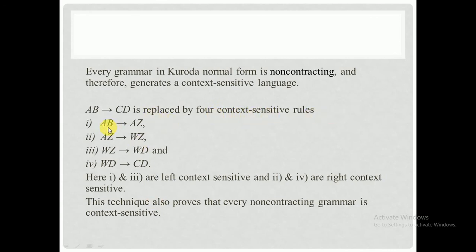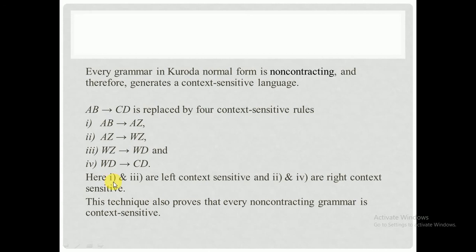Here you can replace capital AB goes to AZ, AZ goes to WZ, WZ goes to WD, and WD goes to CD. It means this production is replaced with these 4 productions. Here, as you can see, A and A are the same. Similarly W and W are the same.